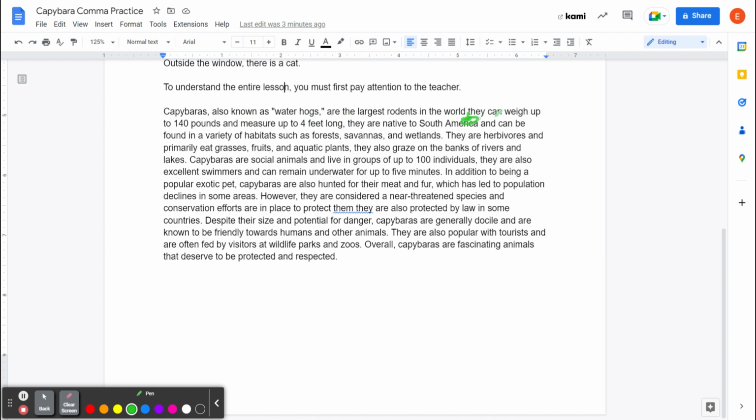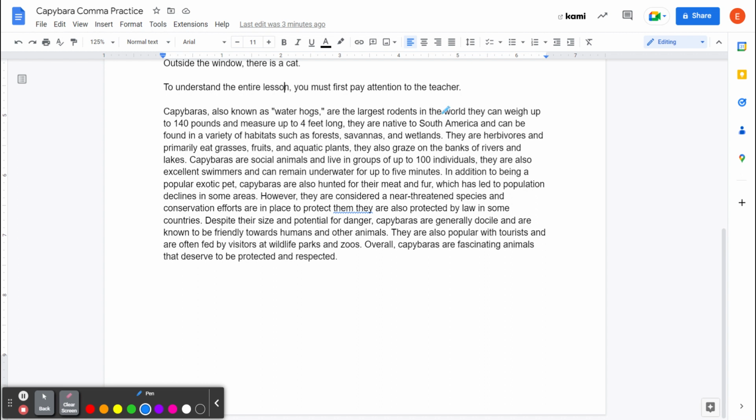They are native to South America and can be found in a variety of habitats such as forests, savannas, and wetlands. Okay. Well, those sure sound to me like two totally different sentences, right? This first part's talking about how big they get, and then this part is talking about their habitat. So it sure seems to me those are two different sentences.